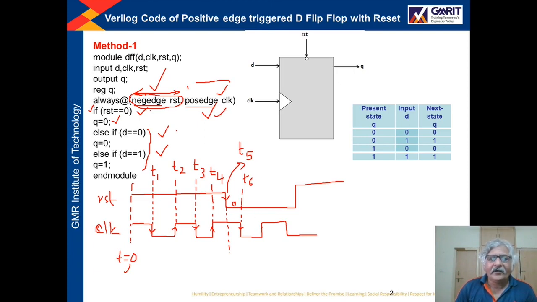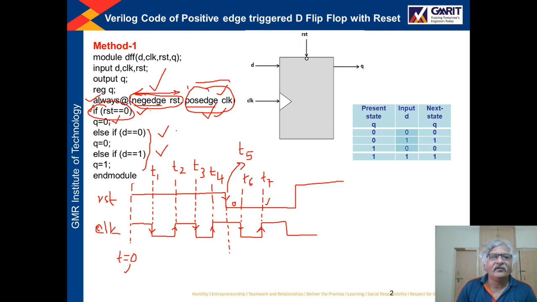Now you see at time T7, a positive edge is detected on CLK. If a positive edge is detected, then due to posedge CLK, an event occurred on the CLK and the always block will be activated. Right, now it is activated, and the first thing it will evaluate is if RST is equal to 0. So see at time T7, what is the value of RST? RST is 0.